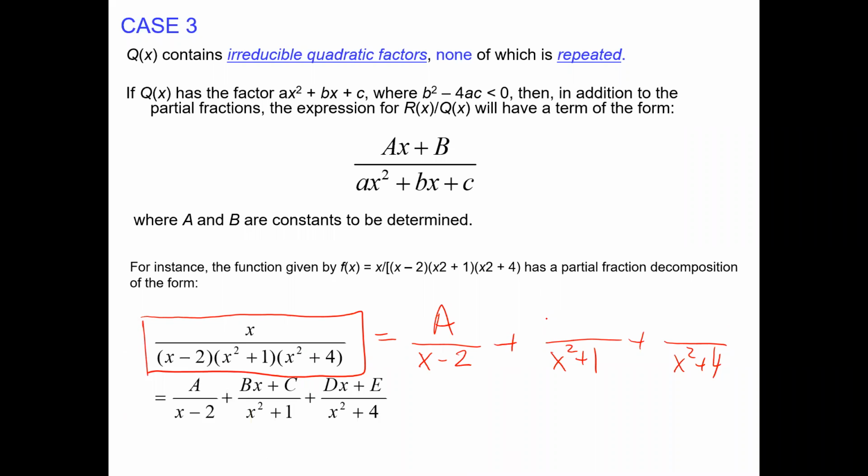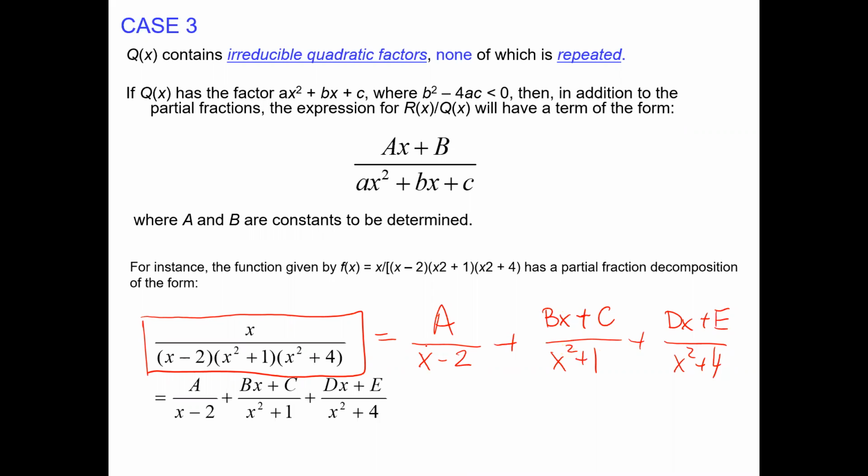Let's keep the alphabet in order. I will put bx plus c, dx plus e. And this is just the way to set up the partial fraction. One way that I can explain this: since this is quadratic, we have to have on the top a polynomial which is just 1 degree less.